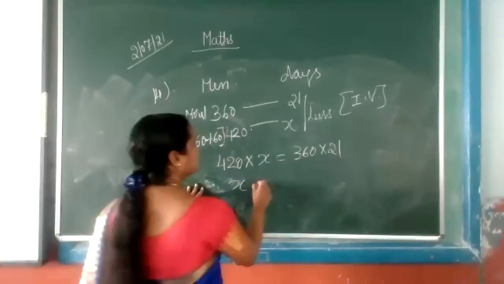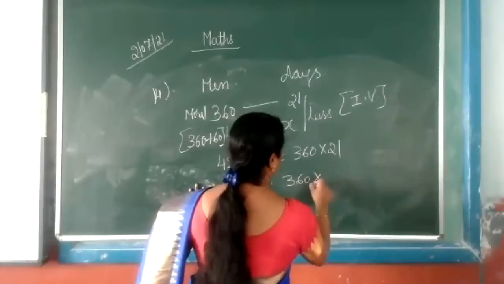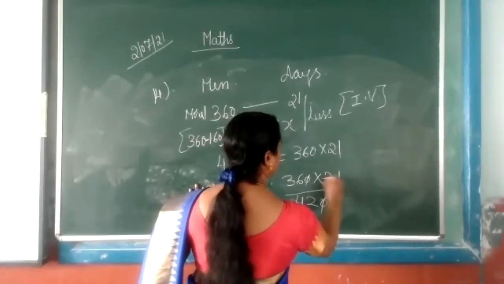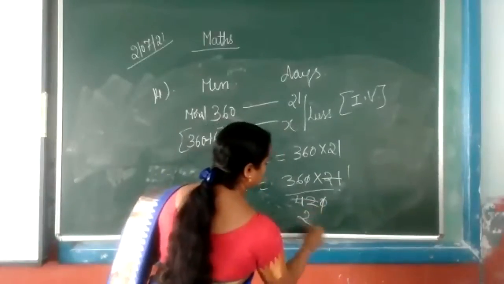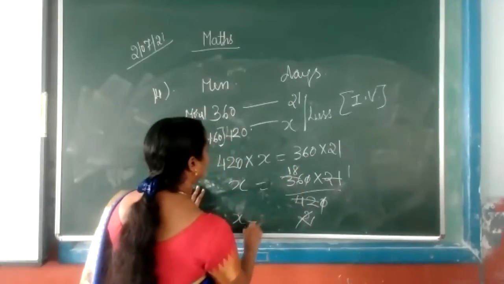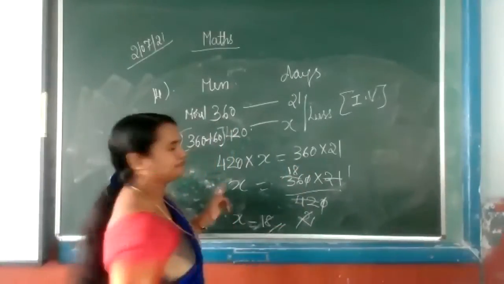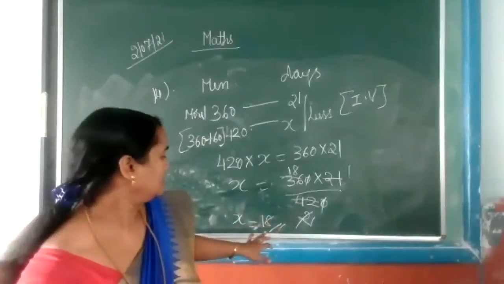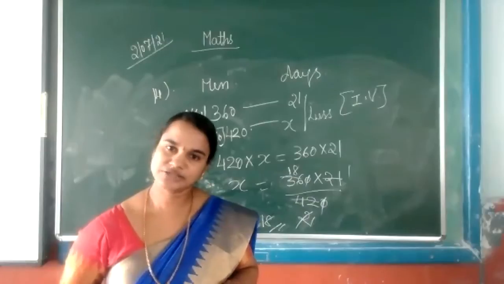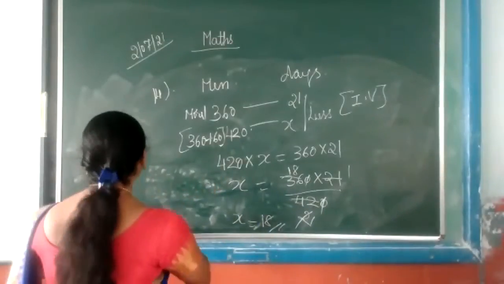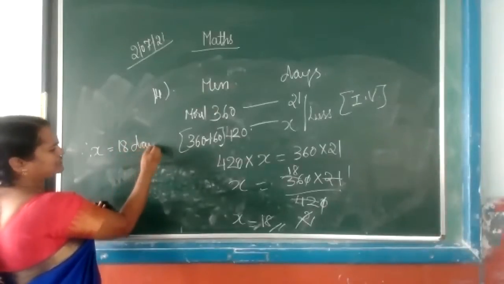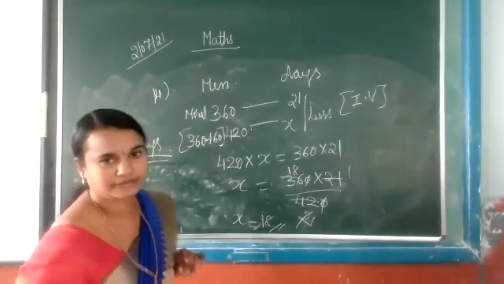That means x is equal to 360 into 21 upon 420. 0 cancel. 21 ones are 21, 21 twos are 42, then 60 minus 42 is 18. X is equal to 18 days. The provisions will last for 18 days. Clear? Understood? Children, write the unit properly.